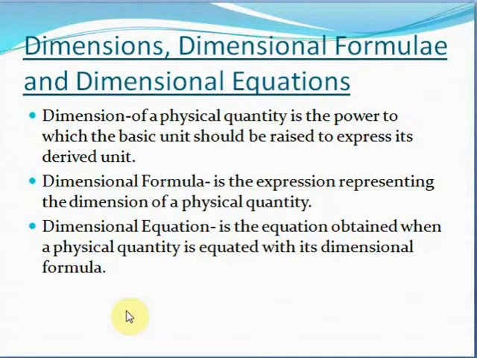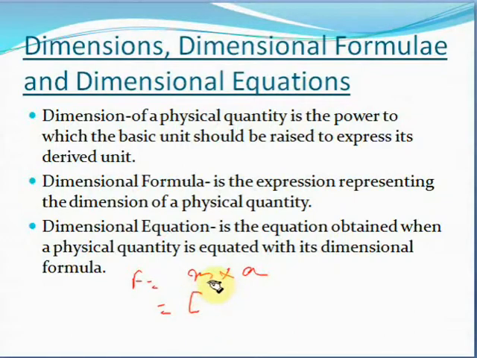Now we'll go through the various definitions concerning dimension. The dimension of a physical quantity is the power to which the basic unit should be raised to express its derived unit. So for example, the unit for force is Newton, and force can be defined as mass into acceleration.